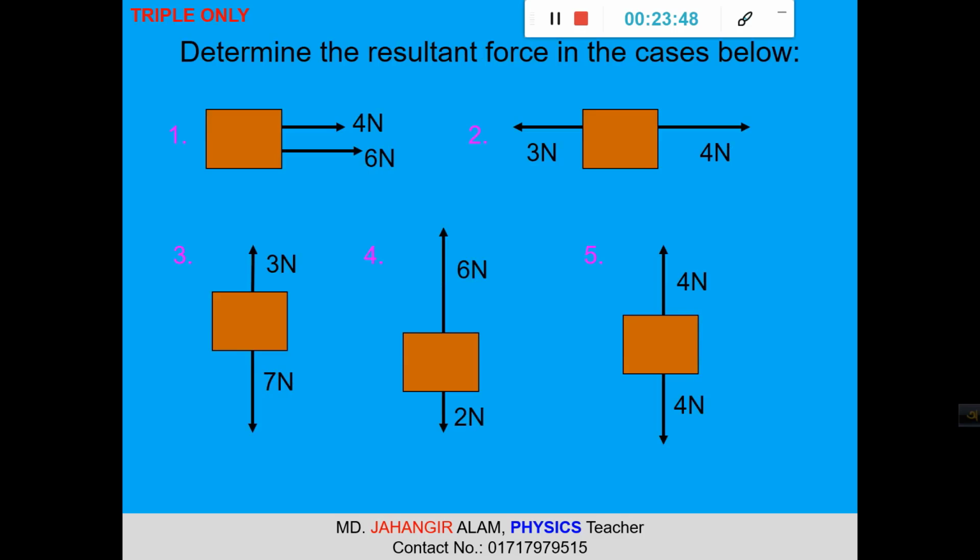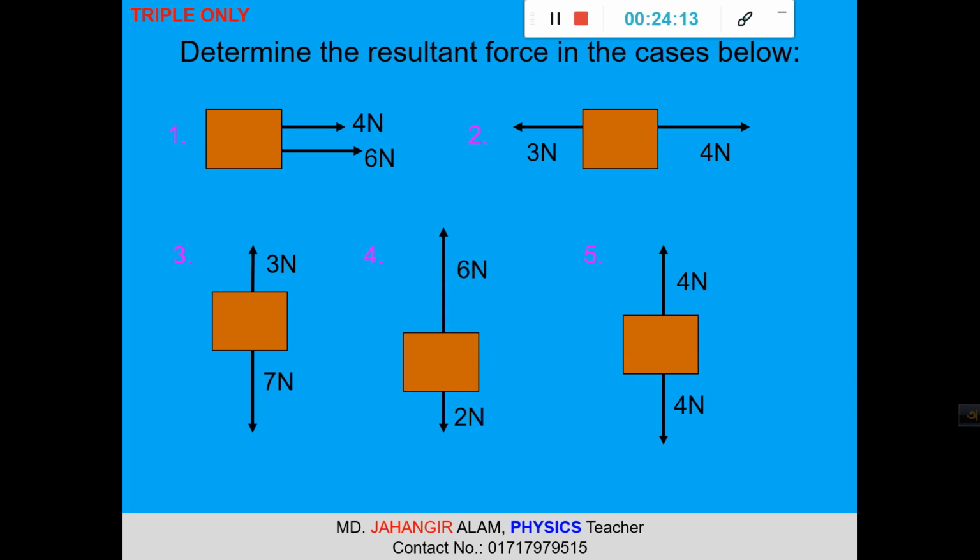Now determine the resultant force in the cases below. Example number 1: 4 Newton and 6 Newton, so the resultant force will be 10 Newton to the right direction.